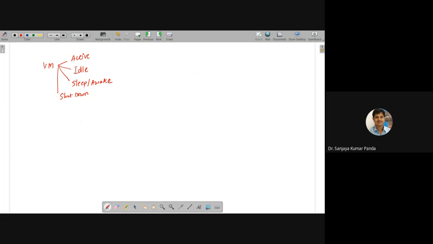Active virtual machines are ready to execute, they are executing some tasks, and if additional resources are there, then you can execute more. But idle means if you assign the work, immediately it will execute. Sleep and awake means it will take some time. Like in our computer system also we have sleep or hibernate.